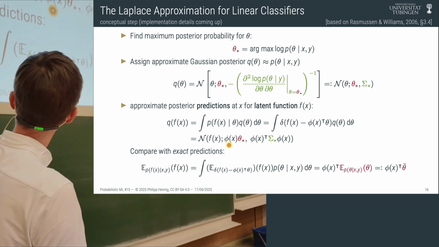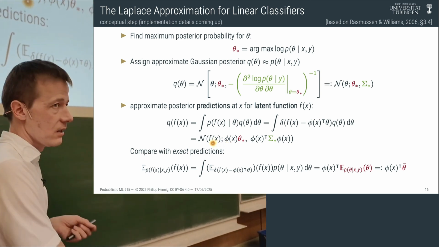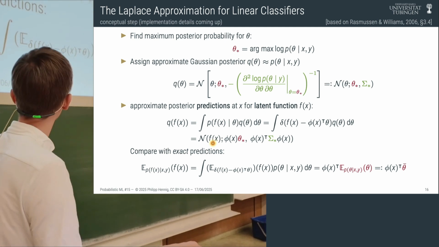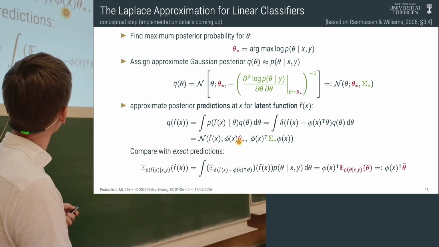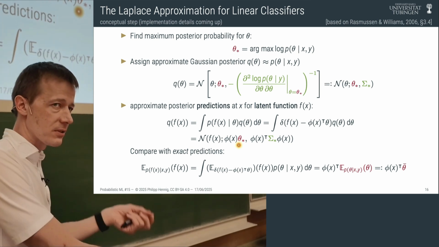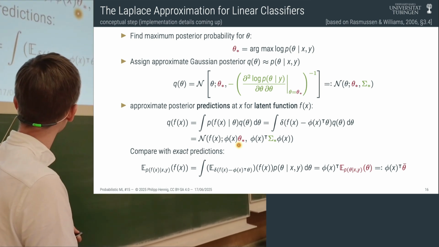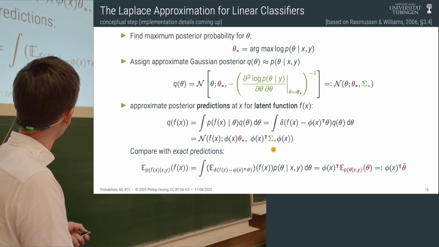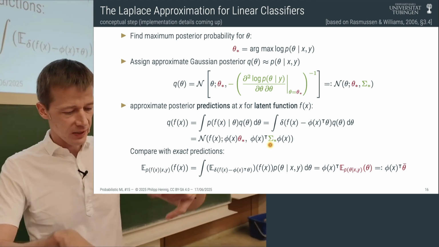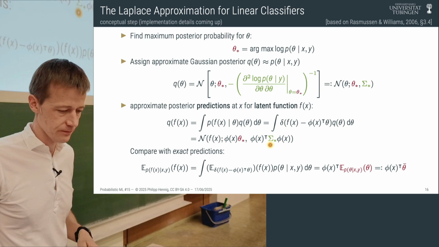Our prediction at some new point x for this latent function f, for the logits of our classifier, will be a Gaussian where we just multiply the new features onto the estimated posterior mean, our MAP estimate of the parameters, and multiply the covariance from the left and right with the new features.